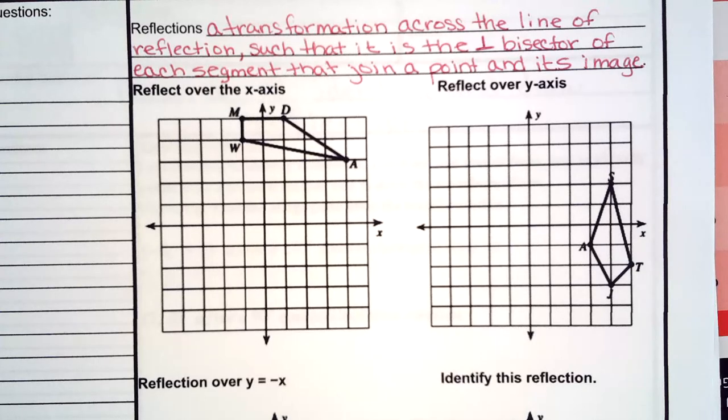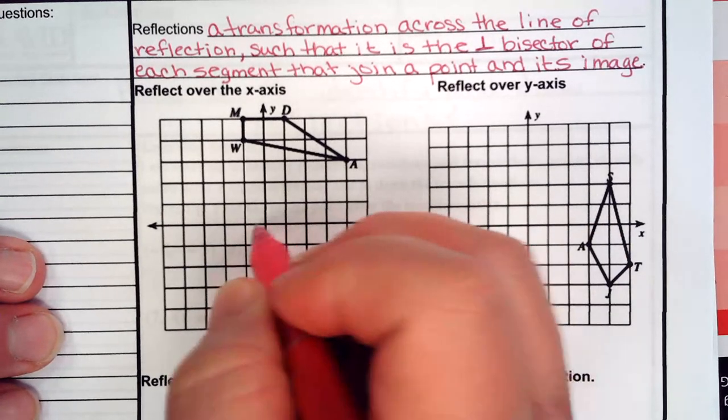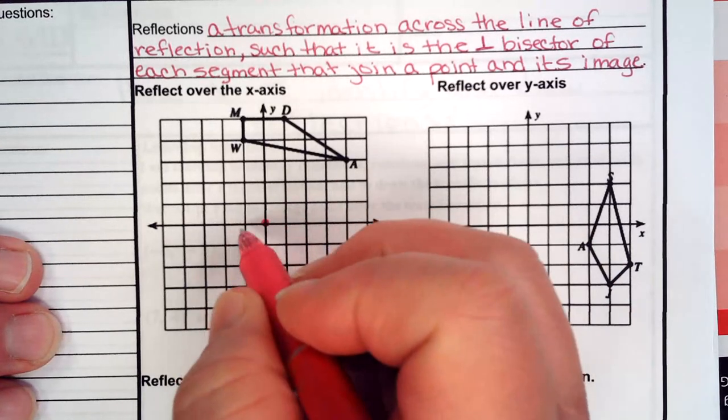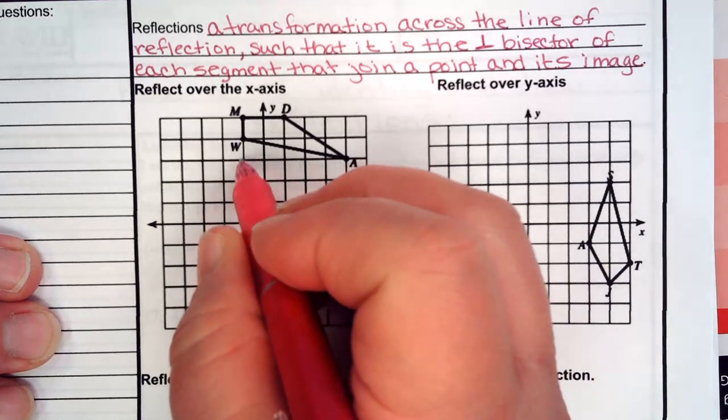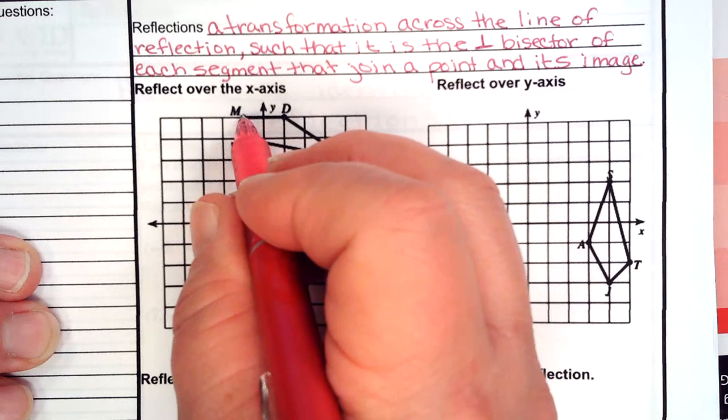So if we're going to reflect over an axis, we've got to realize that means that it will be the same distance on the other side. So as I'm looking, here's my point of origin. 1, 2, 3, 4, 5, 6.